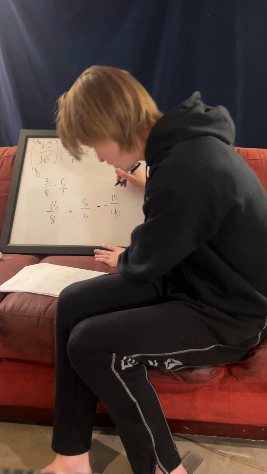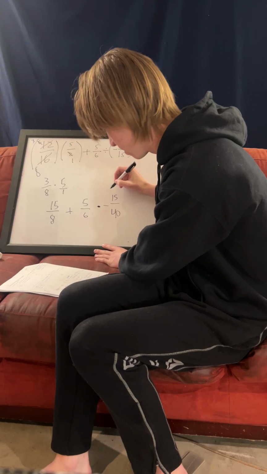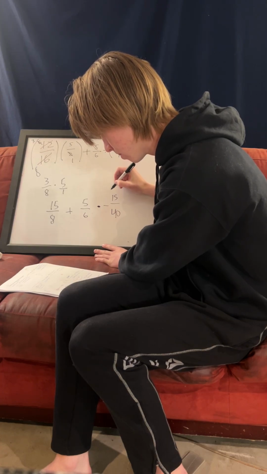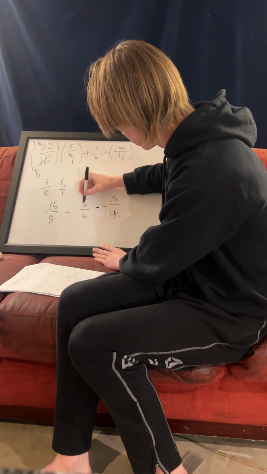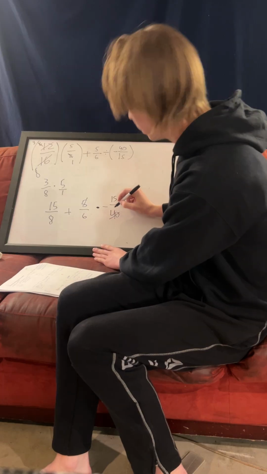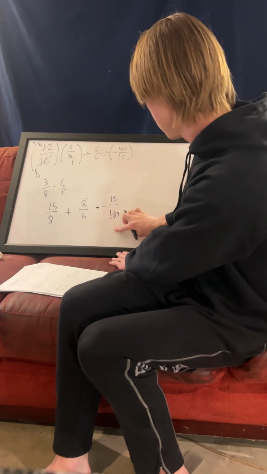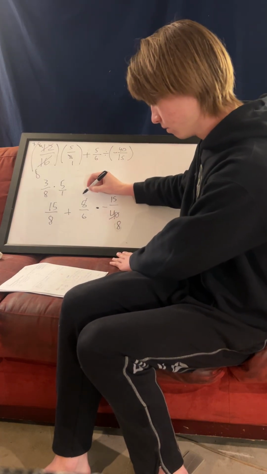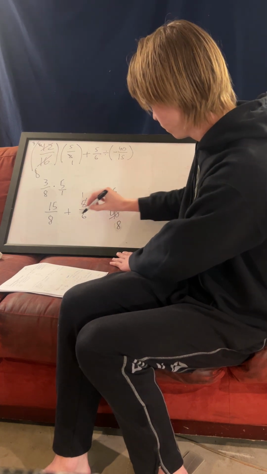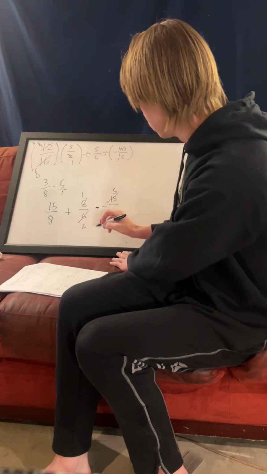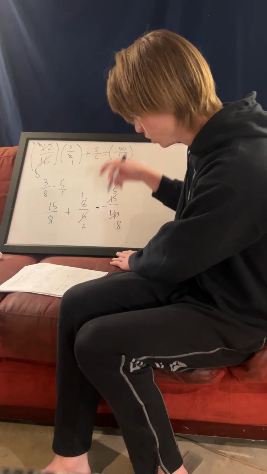So what it seems to be is this is divided by a 3. I'm just going to write what's written here. This is crossed out. Yes, okay. You divide this by 5, it's 8. That's a bad 8. It's 8. You divide this by 5, it's just 1. You divide this by 3, it's 5. That by 3, it's 2. So you have 15 over 8 plus a half plus negative 5 over 8.